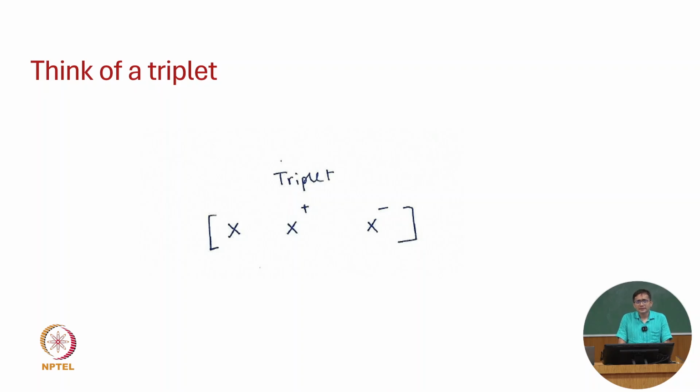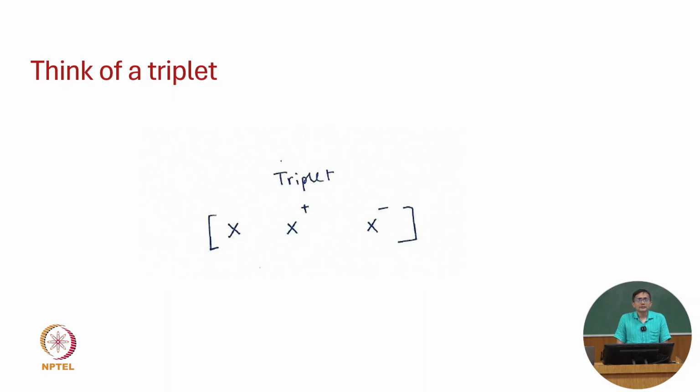So to understand the contrastive learning, or why is it called contrastive, think of this triplet where we have this x, plus, which is a sample similar to x. Also, we have x minus, which is a sample dissimilar to x.